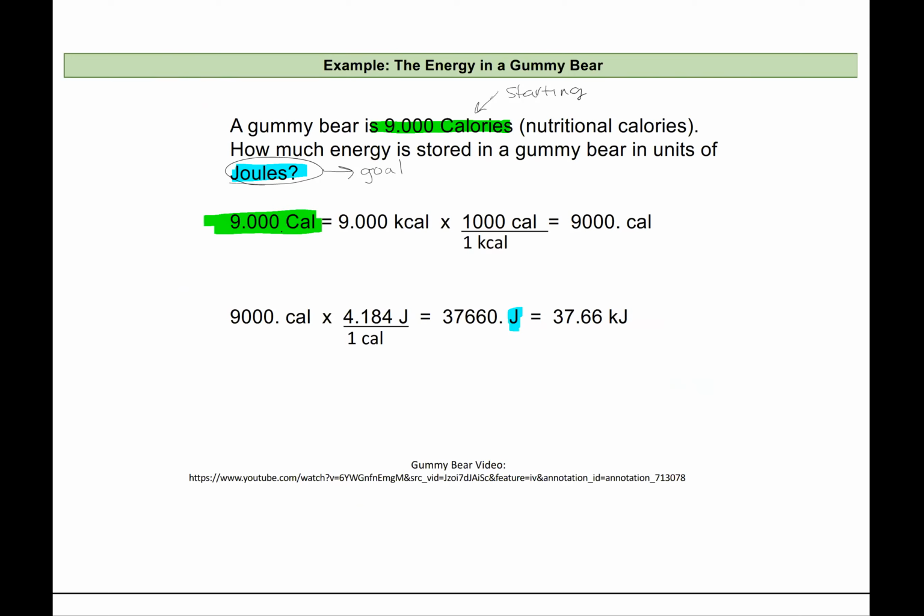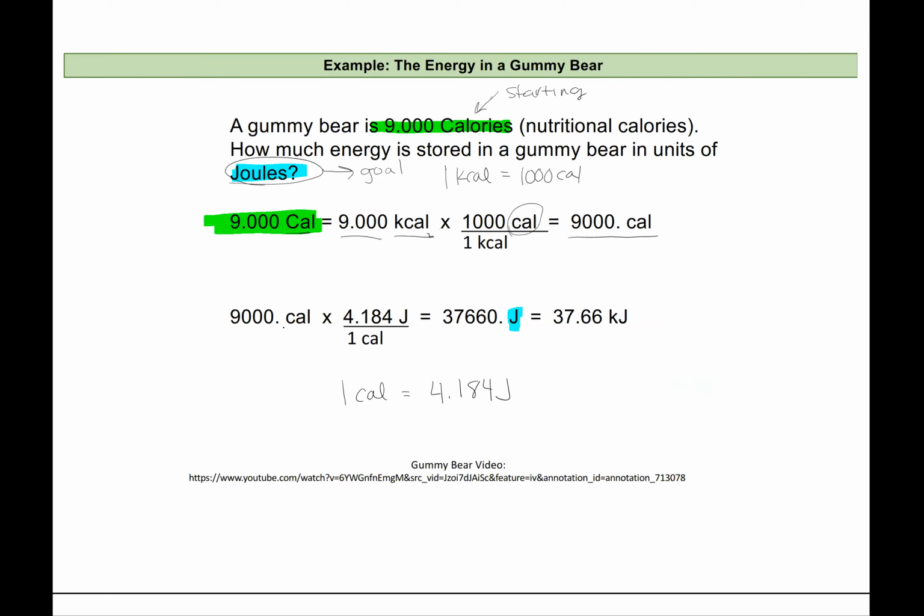My 9 calories that are nutritional calories are really 9 kilocalories. So I'm going to convert into normal calories by doing a metric conversion where 1 kcal equals 1,000 calories. Now I have 9,000 calories. Now I'm going to use my conversion between calories and joules, that 1 calorie equals 4.184 joules.